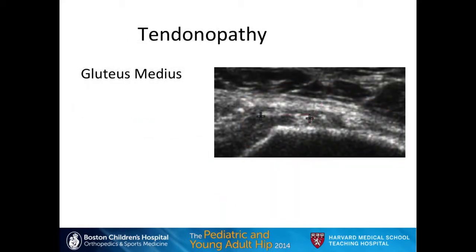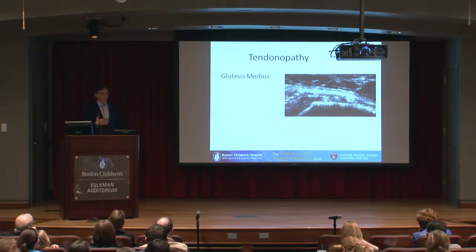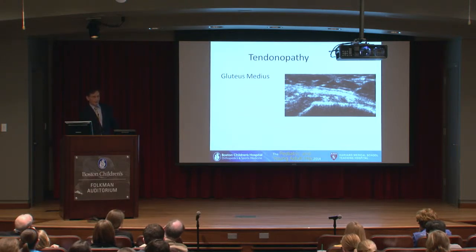And then, in some cases, you're going to have hip abductor tendinopathy, where the tendon starts to degenerate. It usually occurs in a little bit more of an older athlete, but can certainly occur in the young athlete as well. And this is manifested by a lot of pain and pain with resisted abduction. There's also something called the derotation test, which is pretty specific for this, where in the supine patient, the knee is brought up to 90 degrees, and then the knee is externally rotated, and then you internally rotate the hip against resistance.